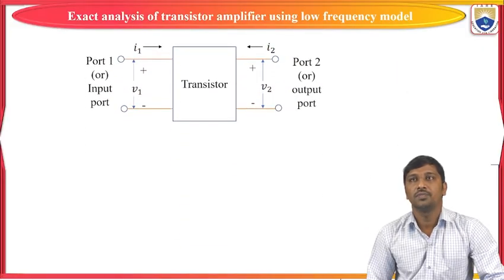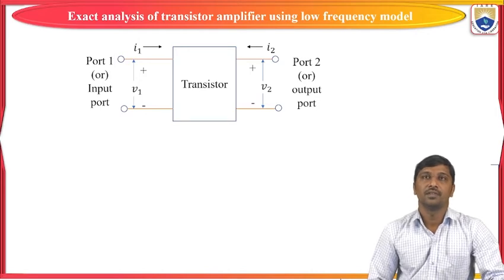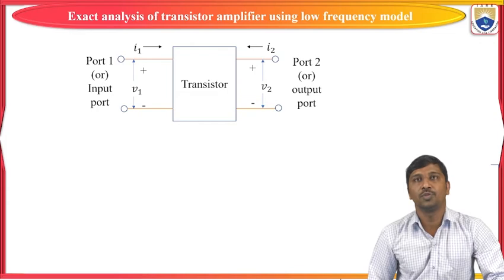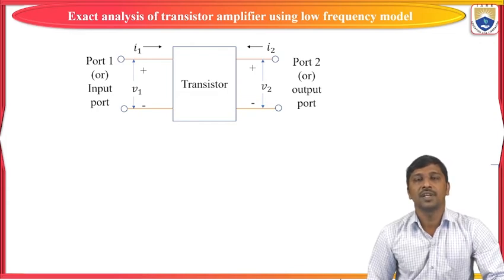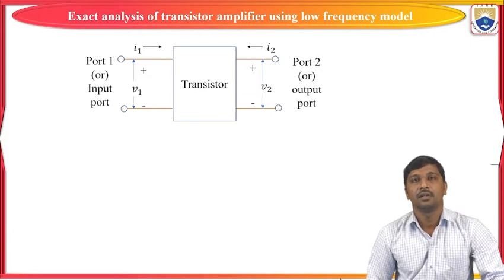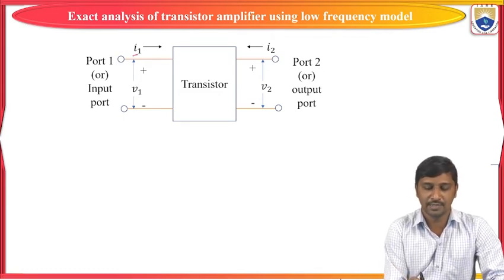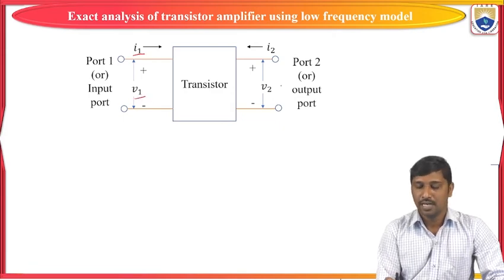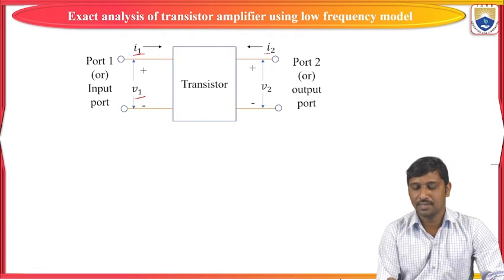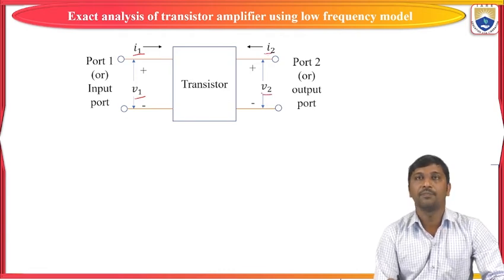Before going to this small signal model, we already discussed that the transistor acts as a two-port network. From this two-port network, we identified that we have four parameters. The input port contains the input current and input voltage, I1 and V1. At port 2, or the output port, again two parameters are represented as I2 and V2.